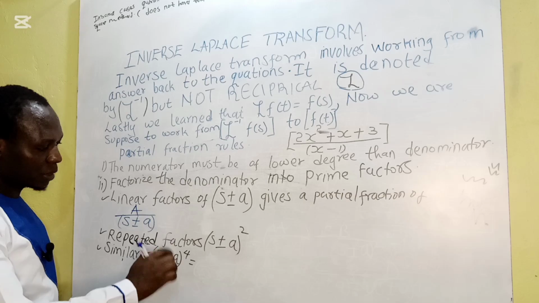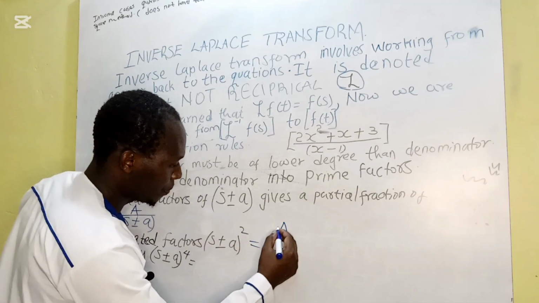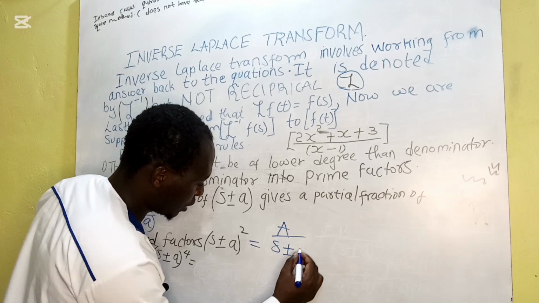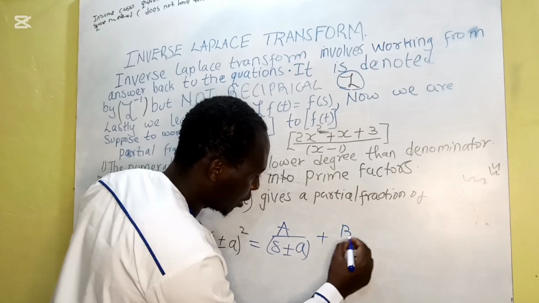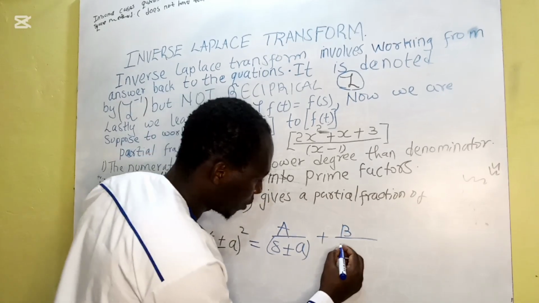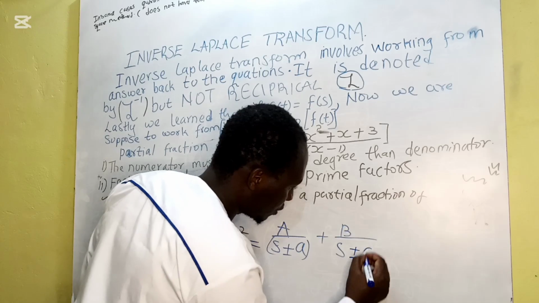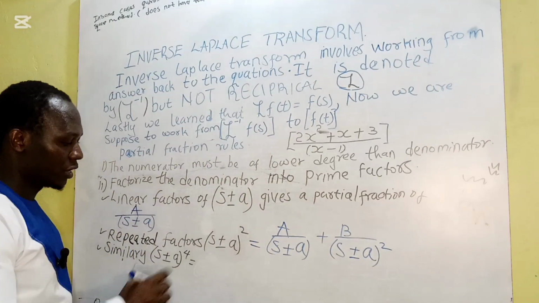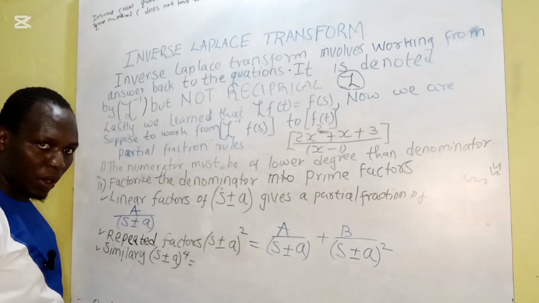How about now the repeated factor? The repeated factor, here we are going to have a all over s we add or subtract a, we come and add b all over s we add or subtract a, but here now we are going to have it squared. How about when now it is to a power of 4?